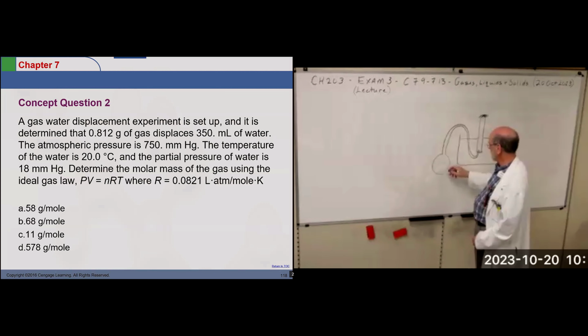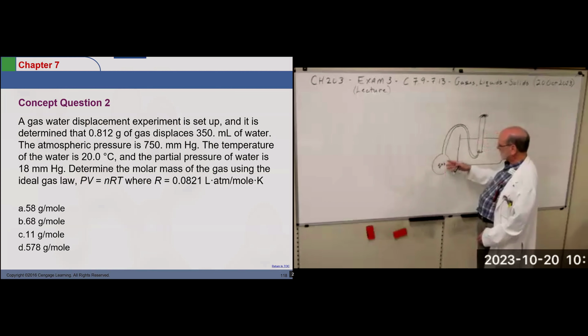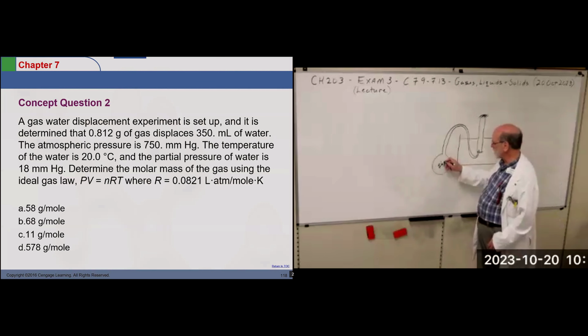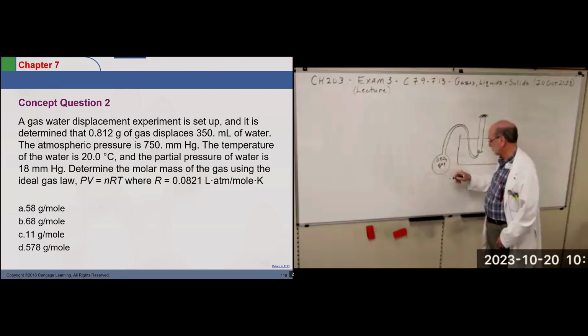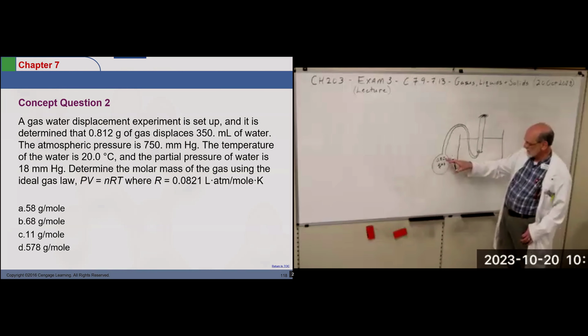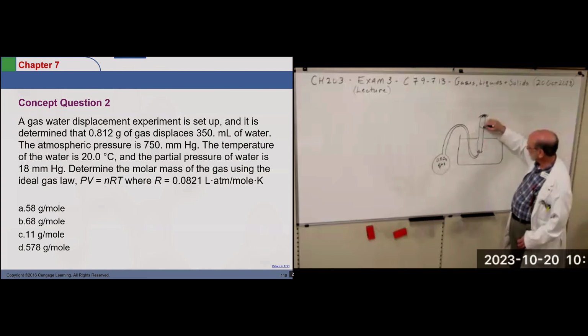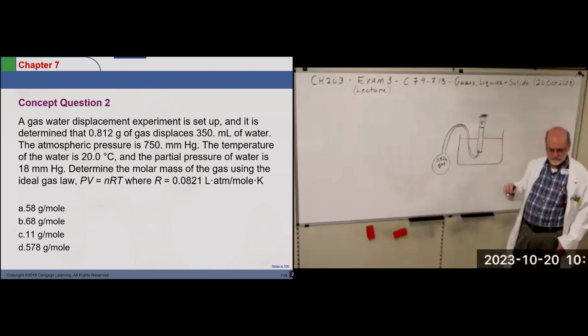Coming from this container. So we've got a gas that's being delivered maybe from some reaction, 0.812 grams of gas. So our substance is that value, and it displaces water up here. Now this is gas up here, and that's water.